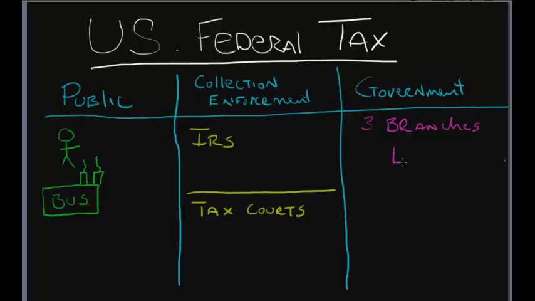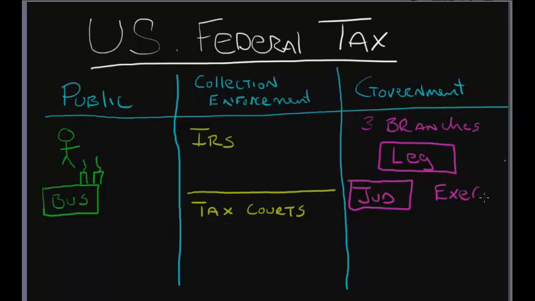We have the legislative, which is the Congress, judicial, which are our judges, and then executive, which is the president. Okay, those are the three players that we're going to go ahead and look at.